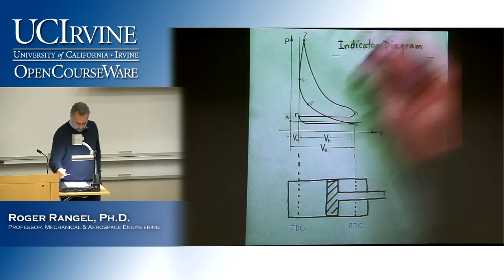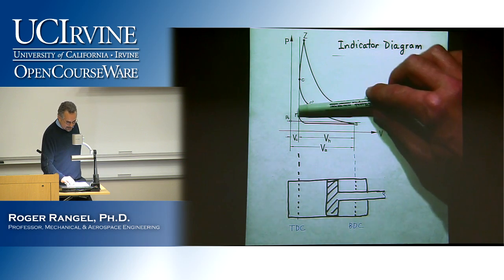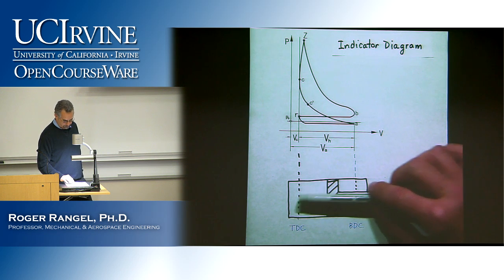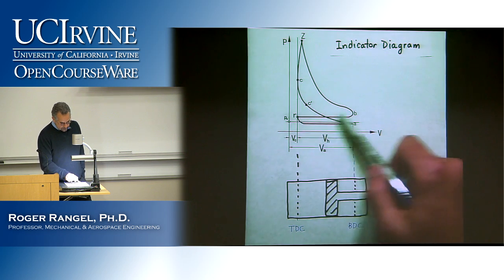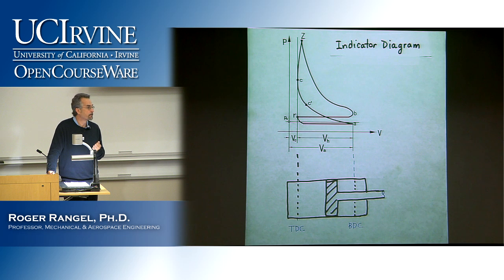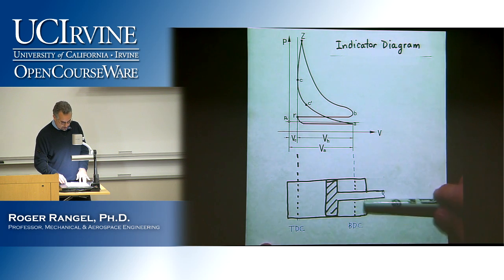Take, for example, the point denoted here by R. At R, the piston is at top dead center. Suppose now we withdraw the piston, we pull it out. The volume increases, and if we open a valve, which is not sketched here, to let air in, that's what happens between R and A, when we reach bottom dead center.